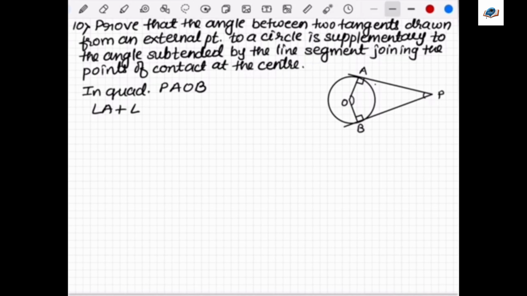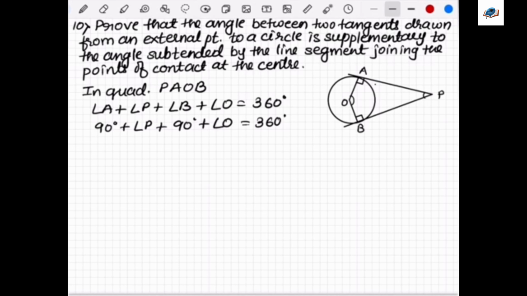Now the next question says, prove that the parallelogram circumscribing a circle is a rhombus. So it is clear again that parallelogram means opposite sides are equal and parallel, and it is circumscribing a circle. That means the circle is inside the parallelogram. So here again I can say DS will be equal to DR, AS equal to AP, BQ equal to PB, and CQ equal to CR.